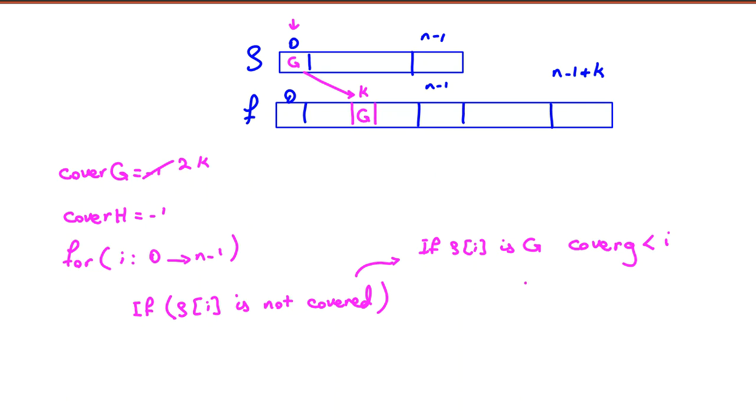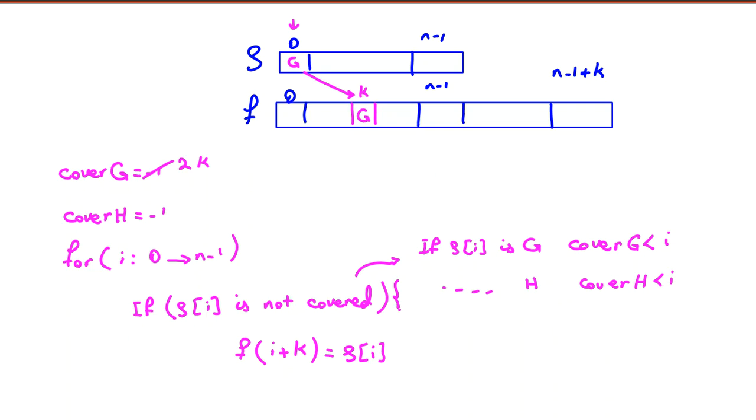Or if SI is H, here let's write coverage like this. Cover H is less than I, means it doesn't cover I. If it is not covered, we should consider f of I plus k equals what? Equals SI.